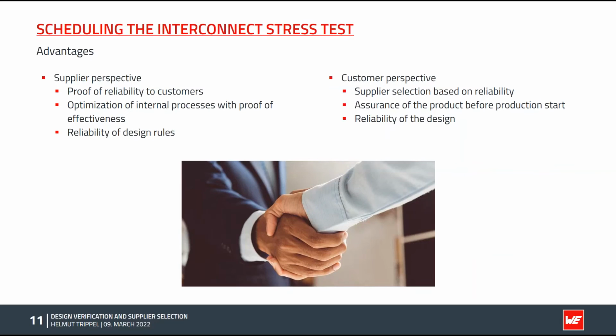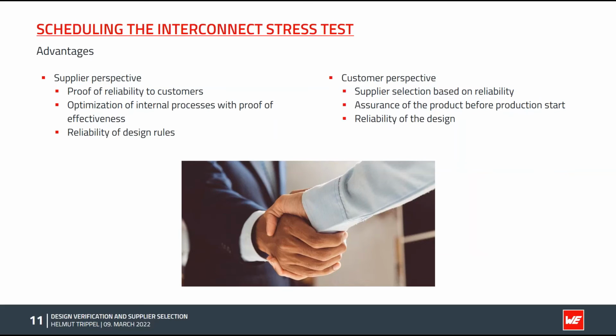For example, if the supplier has certain technology levels that he cannot build internally, that he needs to go externally for, in this case he is able to make an optimization based on the difference that he has seen and retest that optimization to see if it was effective or not.